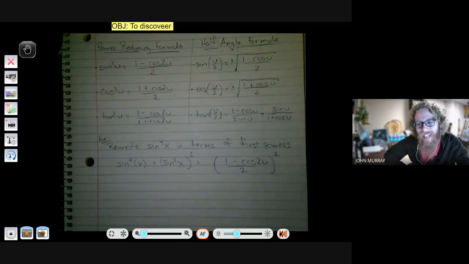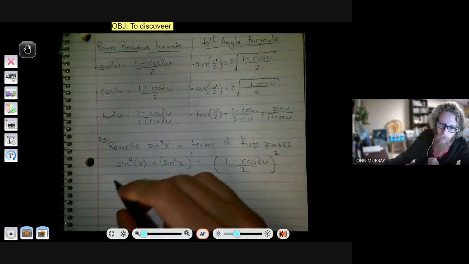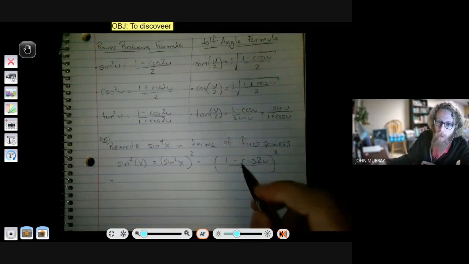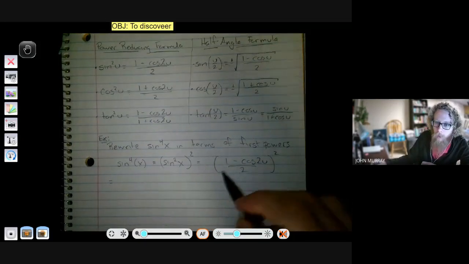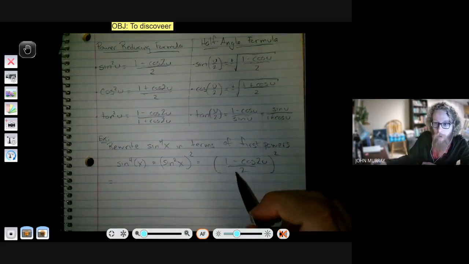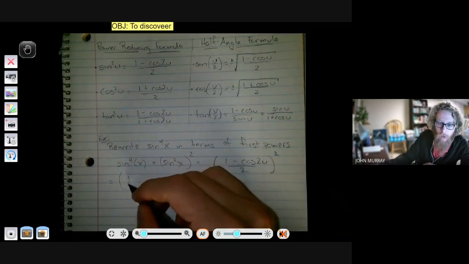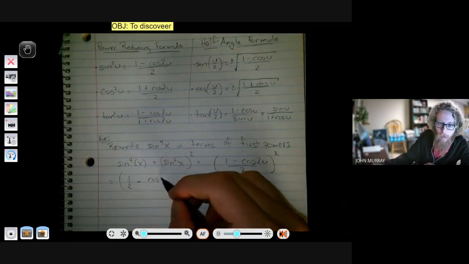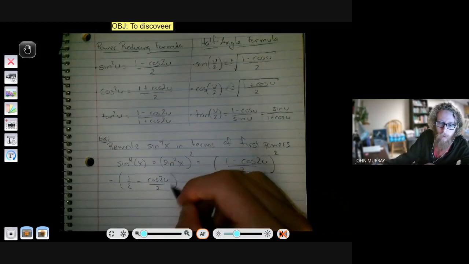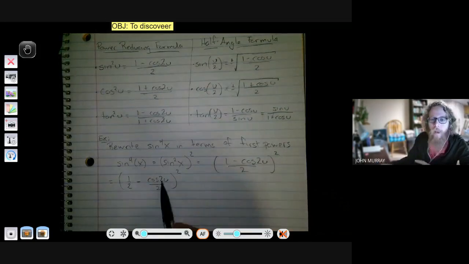So now, unfortunately, I'm going to rewrite this. What I'm going to do is distribute this 2 to both of those. So I'm just going to rewrite it here like this. Now be careful.